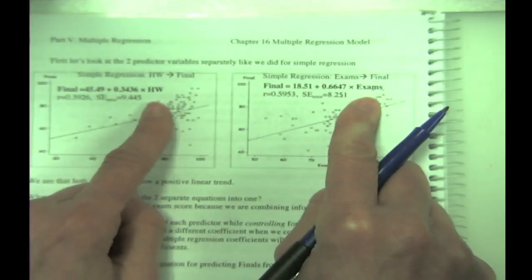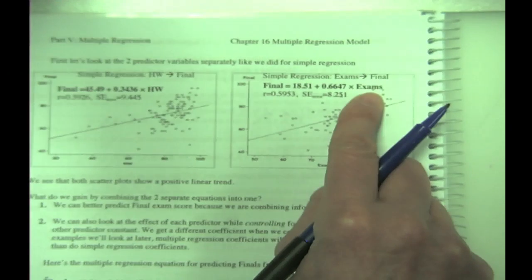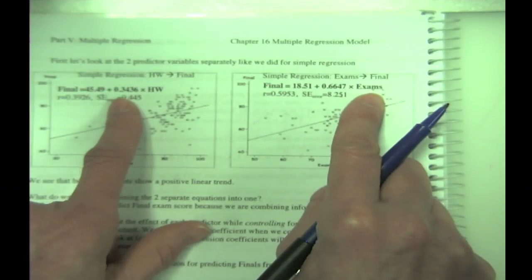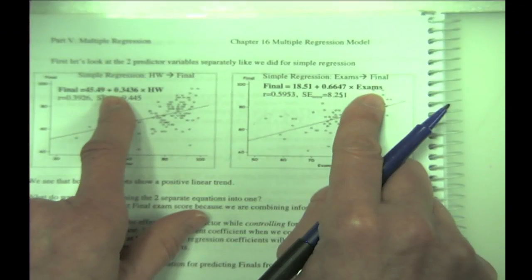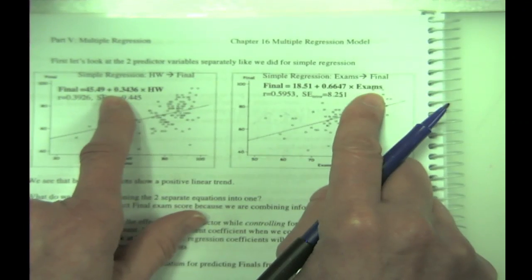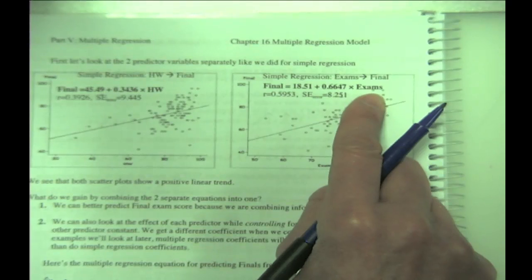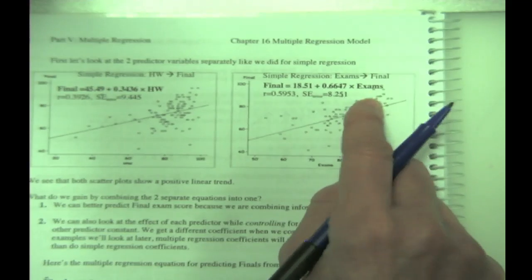Since homework and exams are somewhat correlated, it's not going to help as much as it does here, because this includes the effect of exams. Think of it this way. Your right foot is a very good predictor of height, and your left foot is also a very good predictor of height.